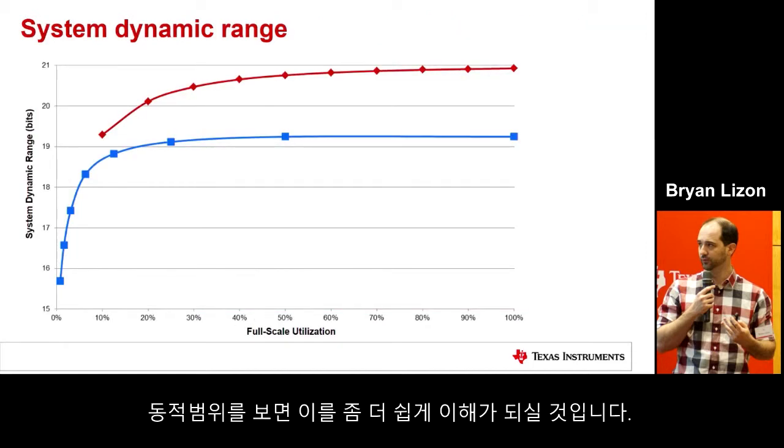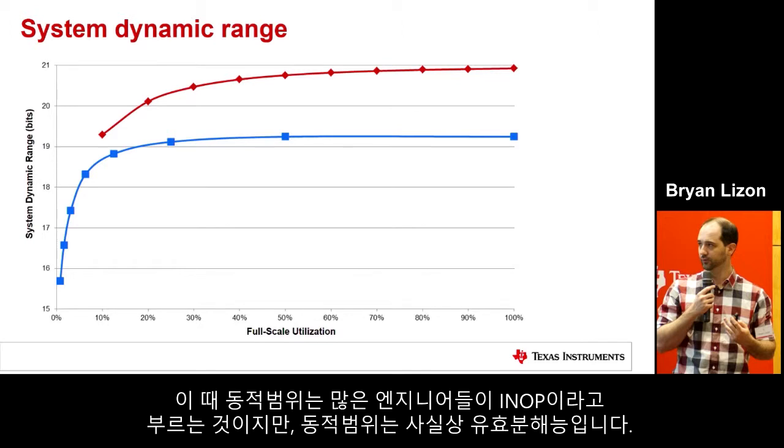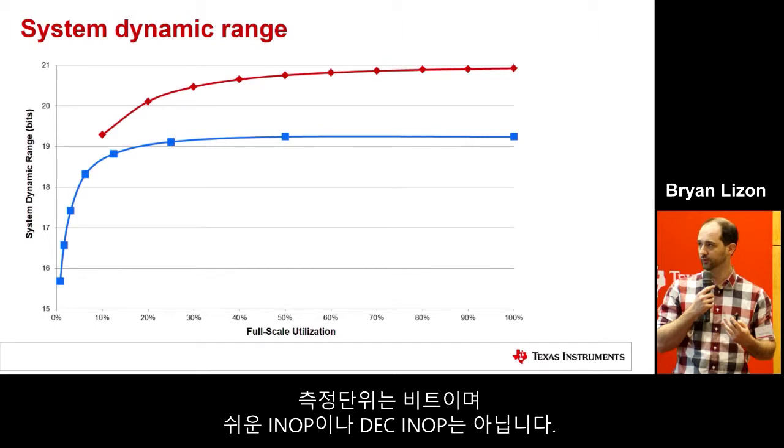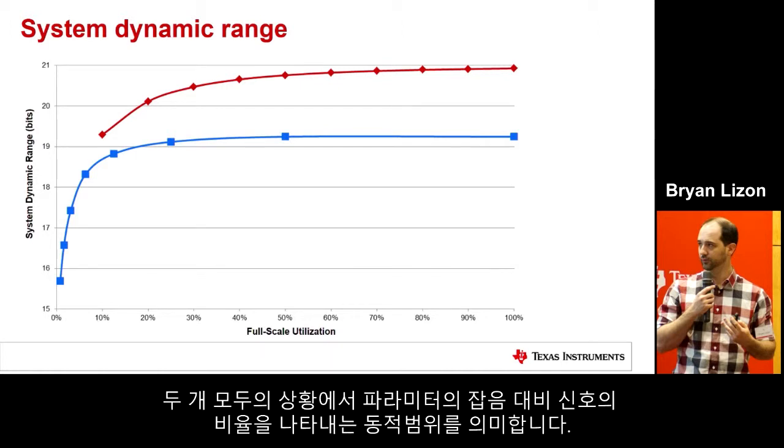You can understand this a little bit better if you look at dynamic range. Dynamic range in this case is what many engineers refer to as ENOB, but it's really effective resolution. It's measured in bits. It's not AC ENOB, it's DC ENOB. We're basically talking about the dynamic range, your signal to noise ratio, given the parameters we have in both circumstances.